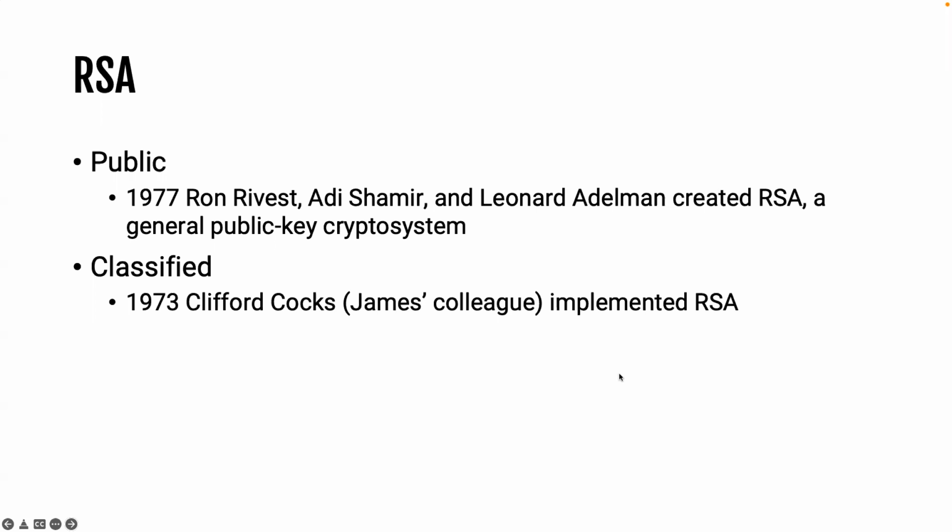But at that time, it was not public; it was classified information. Some years later, the other three researchers also found RSA, but they made it public. And that's why now we all know about RSA and extensively use it as a public key crypto system.